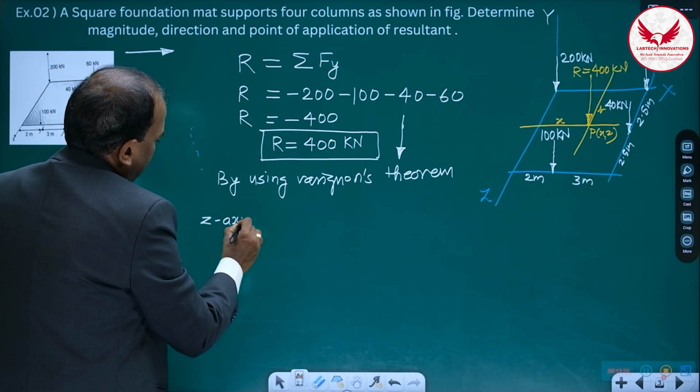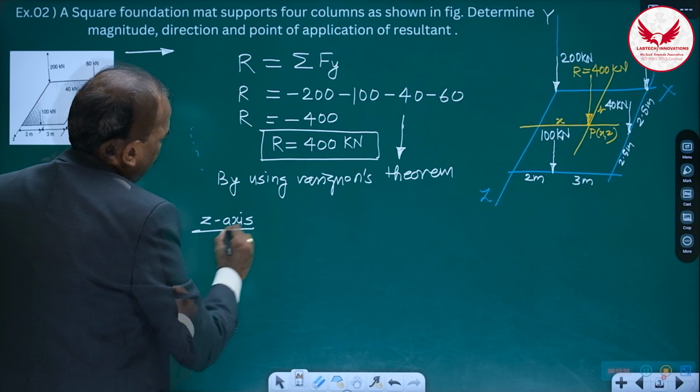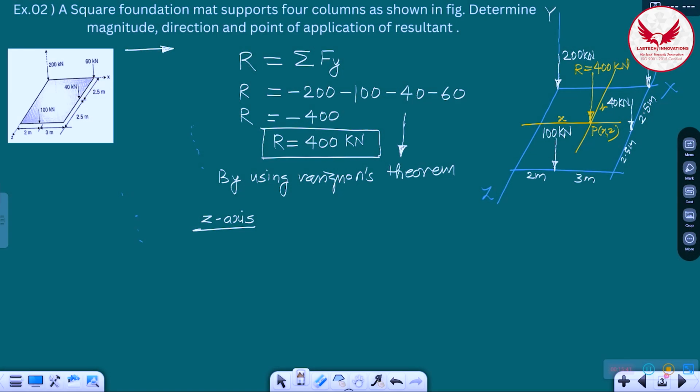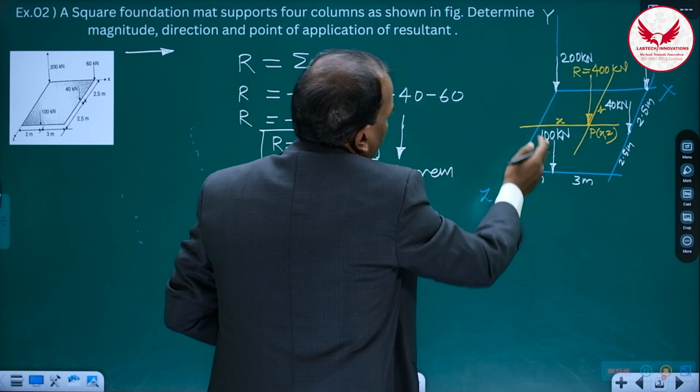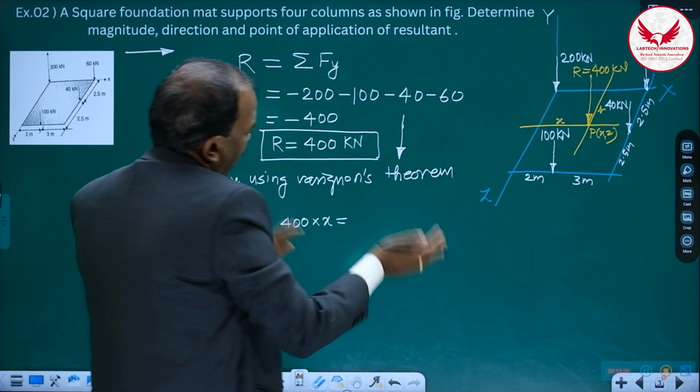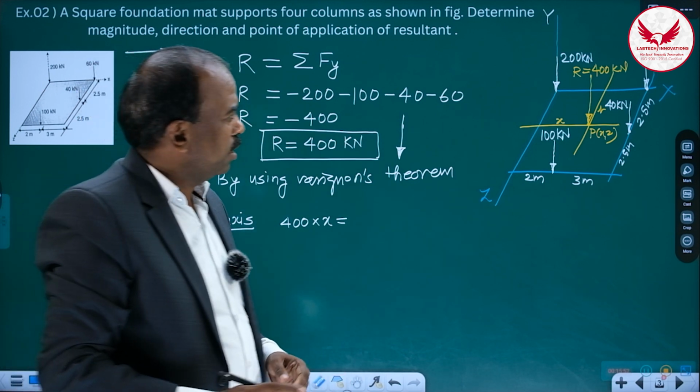How is the Varignon's theorem? Moment of the resultant 400 into x. It is clockwise about this. The moment of 200 is 0. Right hand side is moment of all its components.